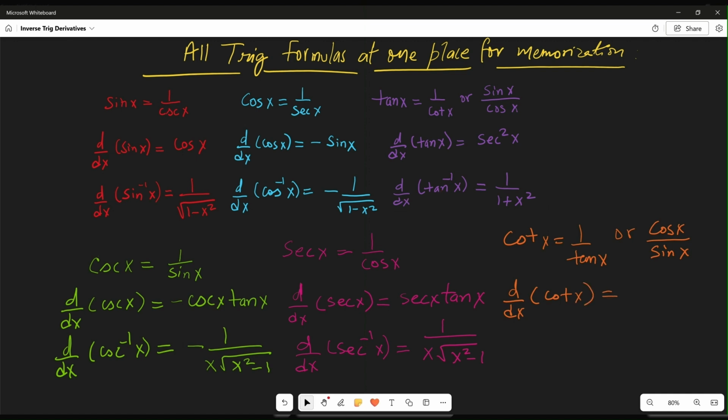Secant squared x, and the derivative of cot x is the negative of cosecant squared x. And then the derivative of cot inverse x: the derivative of tan inverse x is 1 over 1 plus x squared, and co means negative, so it's the negative of 1 over 1 plus x squared.